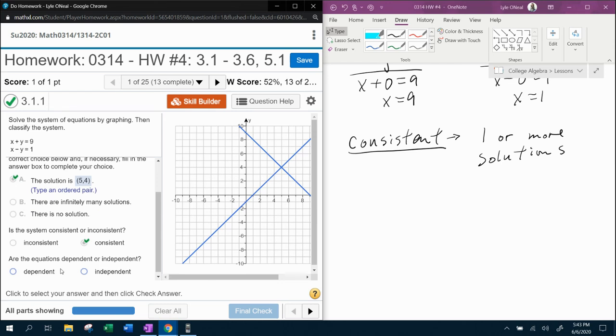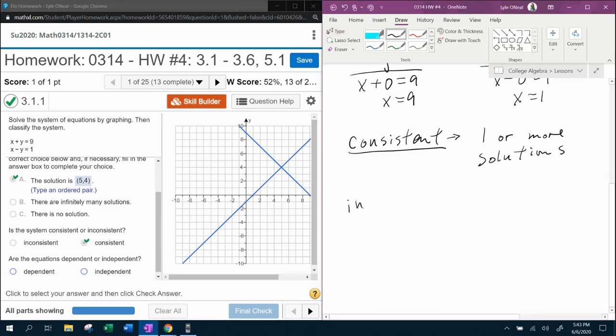And then it wants to know dependent or independent. Independent means one or fewer solutions.